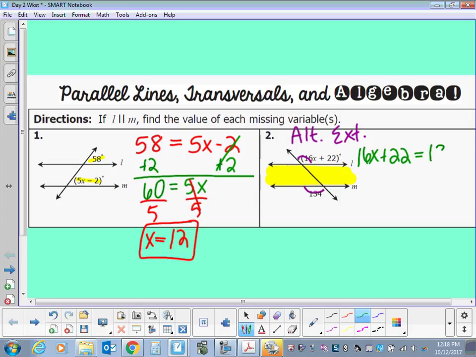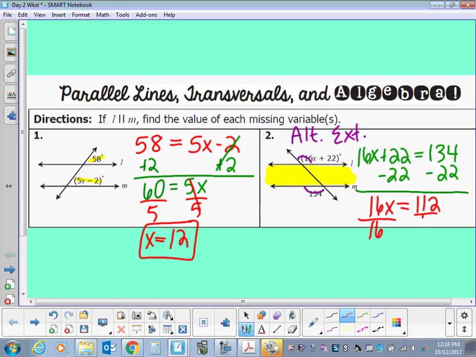16x plus 22 is equal to 134. Subtract 22. What's left over? 16x equals 112.